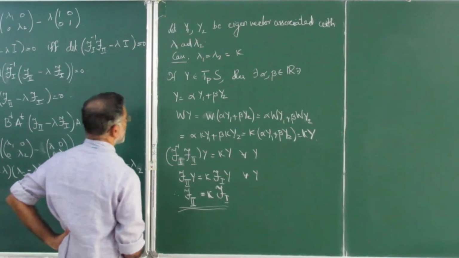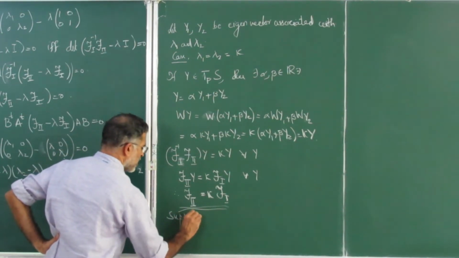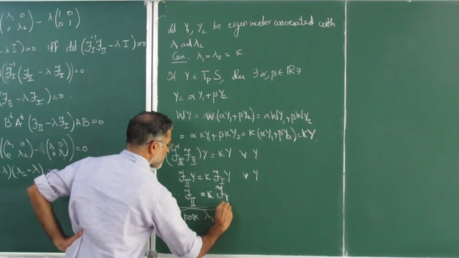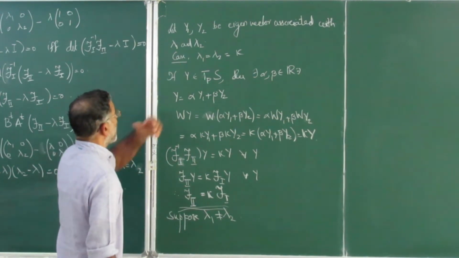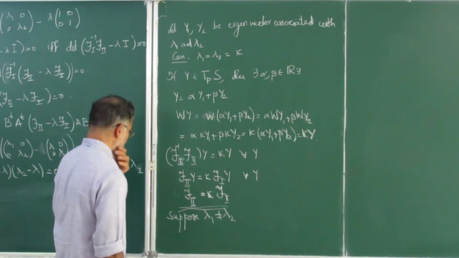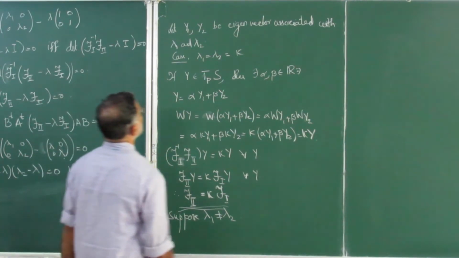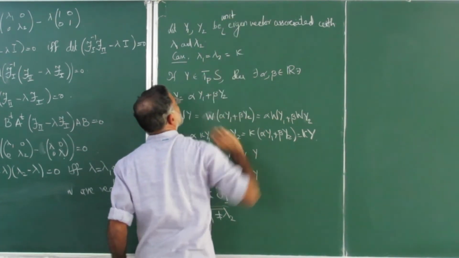I will do that. So now suppose lambda 1 is not equal to lambda 2, and y1 and y2 are eigenvectors associated with that. You can even call them unit eigenvectors if you like, no problem. Unit eigenvectors means norm 1.